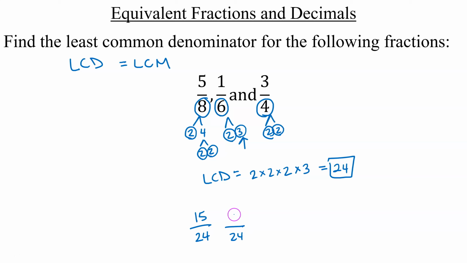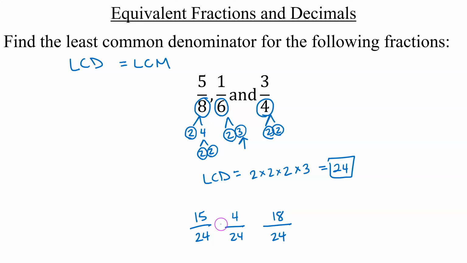So we have to multiply our numerator of 1 by 4 to get 4. And then finally 3/4. To go from 4 to 24, you have to multiply by 6. So we're going to multiply our numerator of 3 by 6, and 3 times 6 is 18.